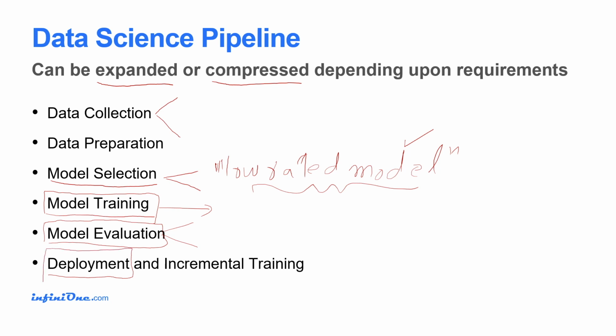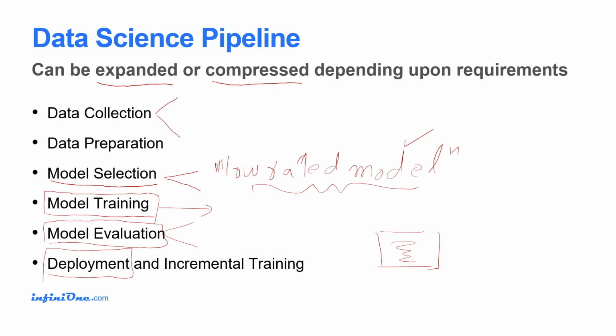Now, after deployment, it may be possible that you collect more data. So you have deployed your model in a real situation, and you come up with more data and you want to incorporate it to improve the performance of your model.